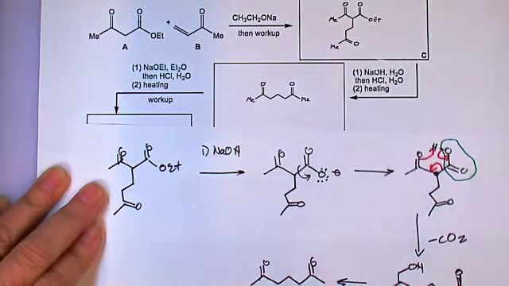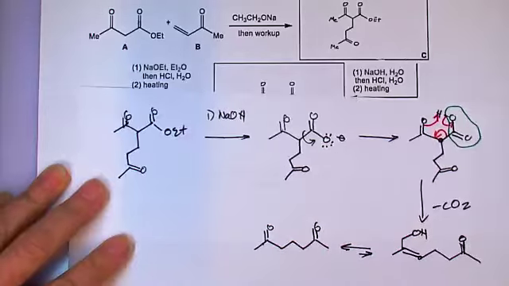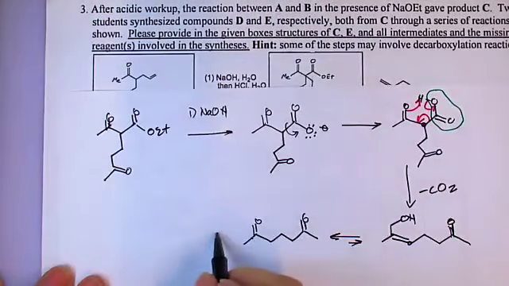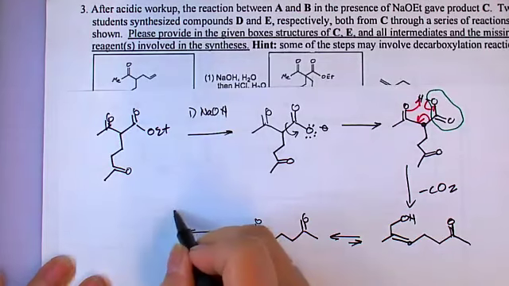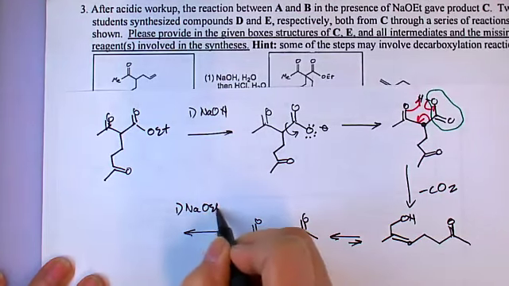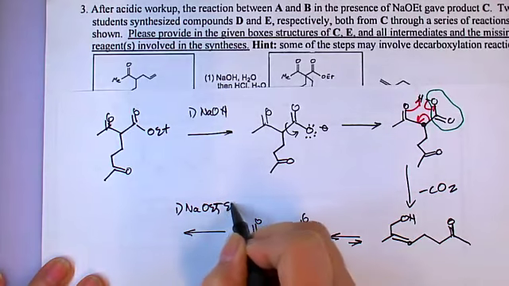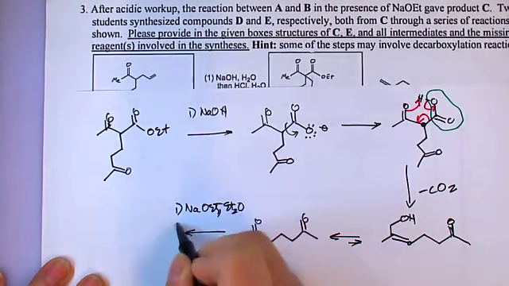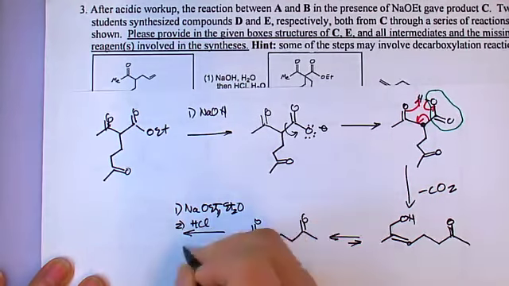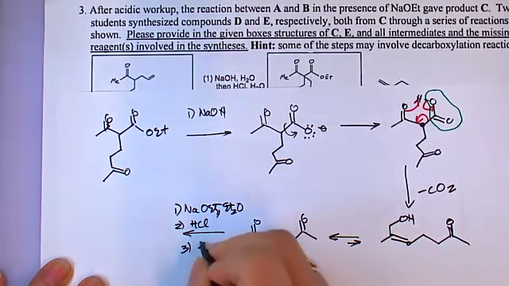With heating, we're going to do a dehydration to get the aldol condensation product. So let's write up what the reagents are again. It says here sodium hydroxide, and that was diethyl ether, and then HCl, and last step we're going to do heating.